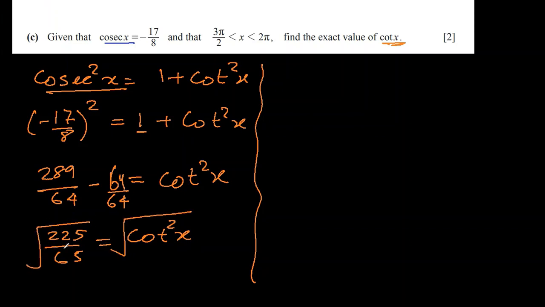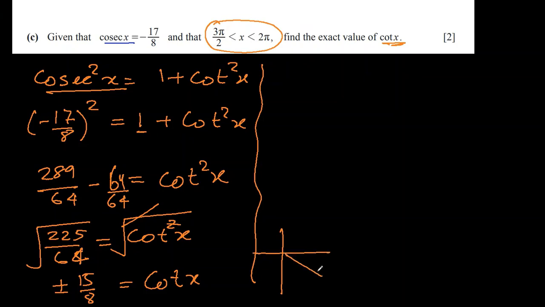Now square root both sides. This square and square root cancel. So cot x, which they were asking for, will be equal to plus or minus 15 over 8. This is the answer. However, they have given the domain 3 pi over 2 to 2 pi, that means the fourth quadrant. And cot, which is the reciprocal of tan, is it positive or negative in this quadrant?